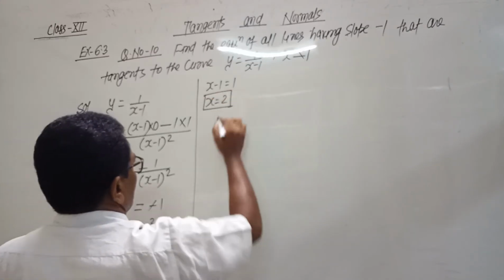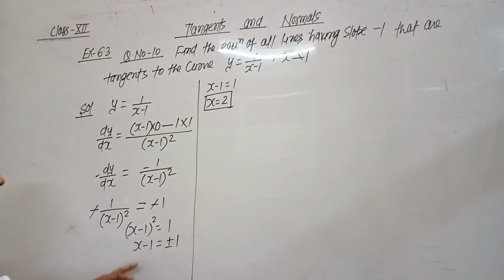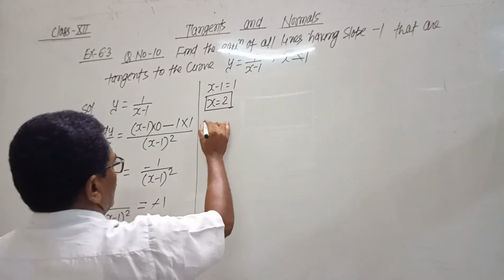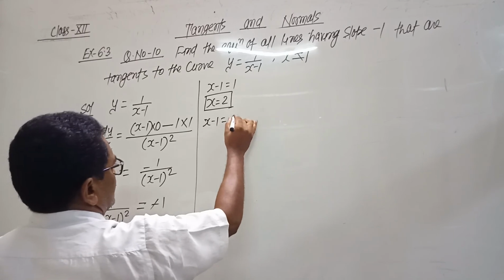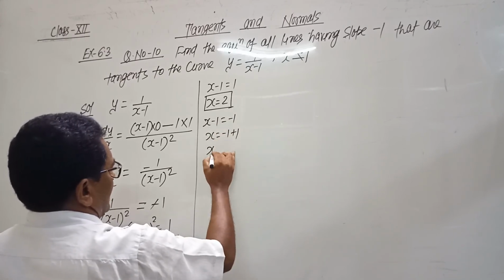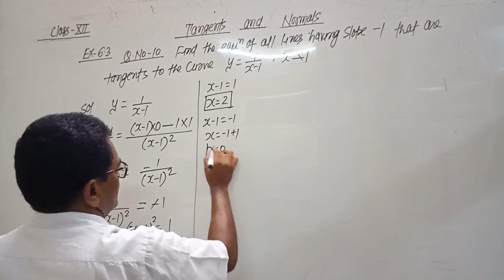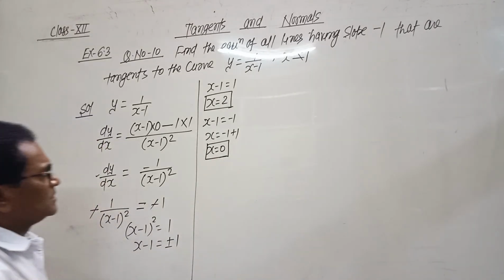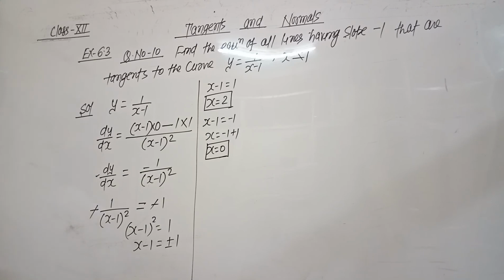The first value of x is 2, and when we take x minus 1 equals minus 1, then x equals minus 1 plus 1, and the value of x is 0. So we get two values of x: x equals 2 and x equals 0.